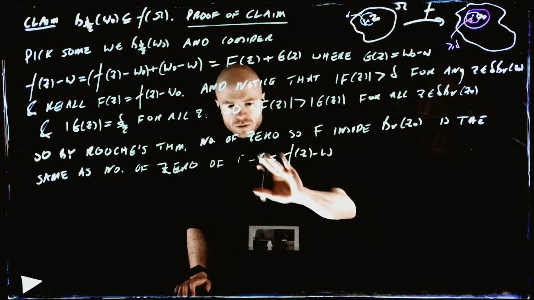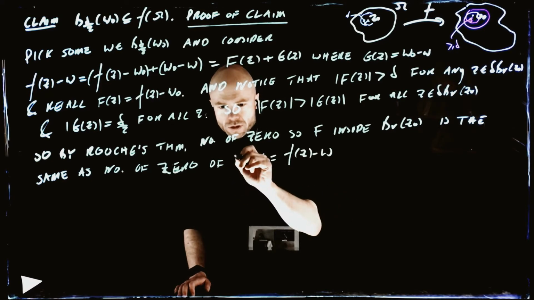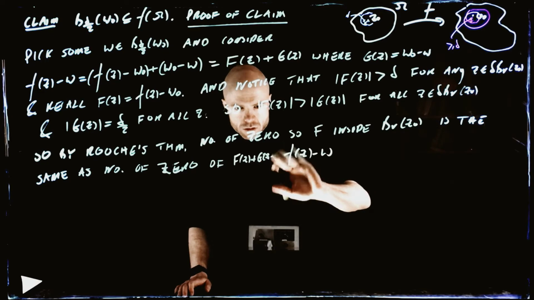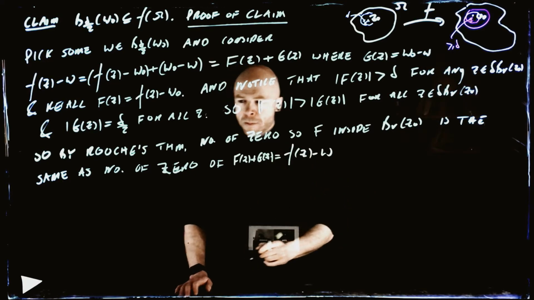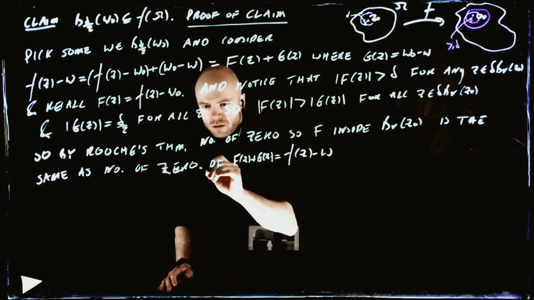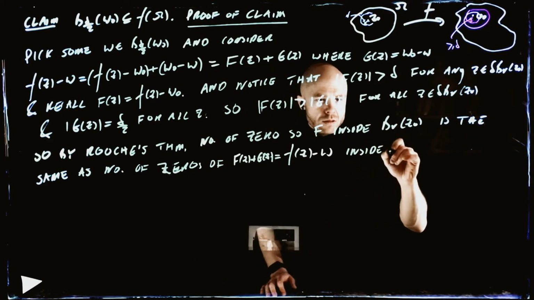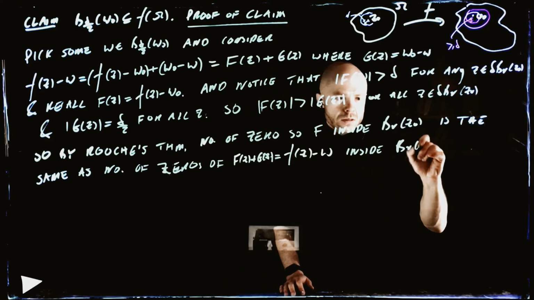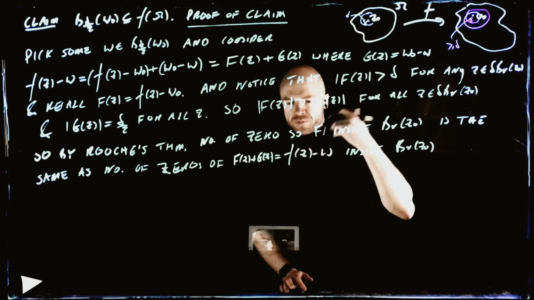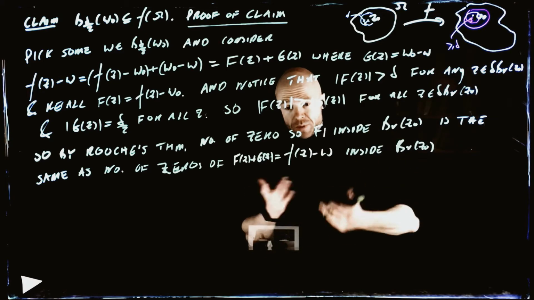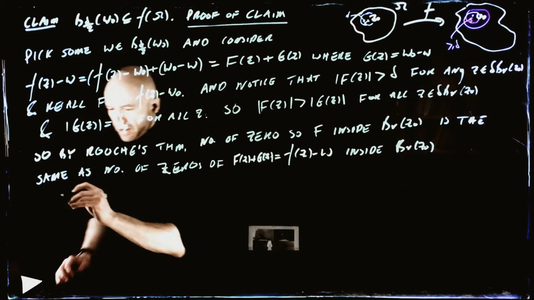Let's put the z's in because it looks strange without the z. Inside. And there is at least one zero of capital F inside this ball of radius r around Z0 because that's how we set it up.